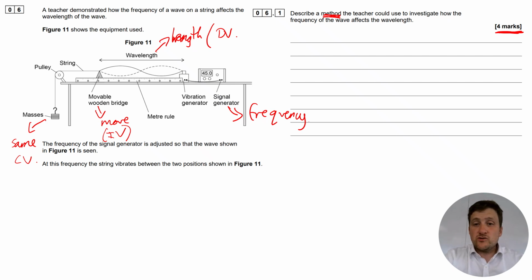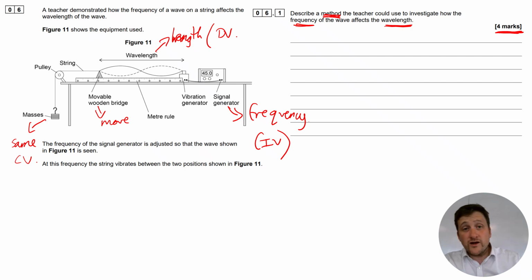And what do we need to do to investigate how the frequency affects the wavelength? Well, we've said our independent variable could be the movable wooden bridge, but actually that's why reading the questions is important, because frequency is what we're actually going to change, is our independent variable, and wavelength is what we're going to measure, sorry. That's our dependent variable.